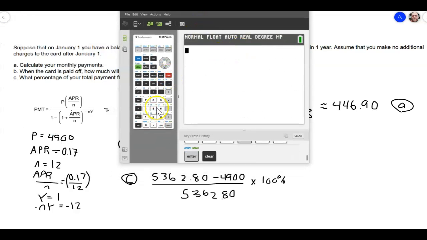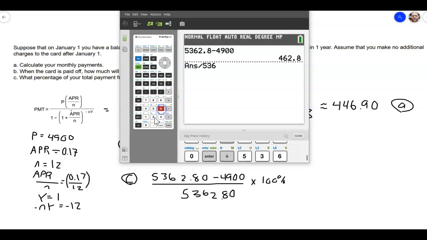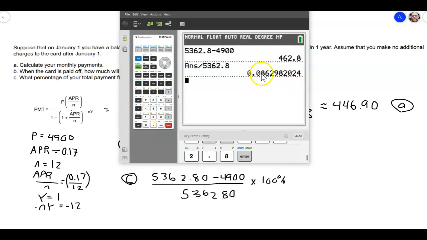So clear that out. So 5362.8 minus 4,900. So we paid $462.80 in interest on this credit card. We divide that by the 5362 total amount, and we multiply that by 100.